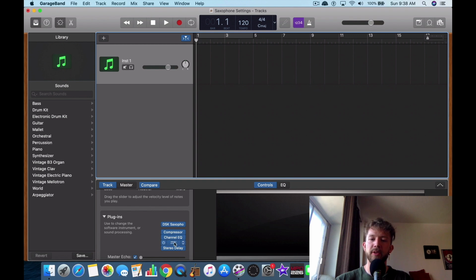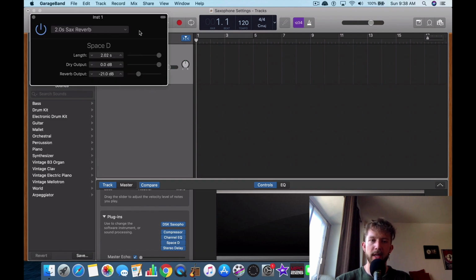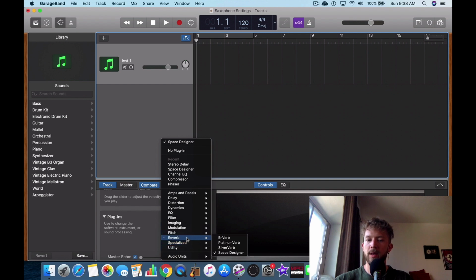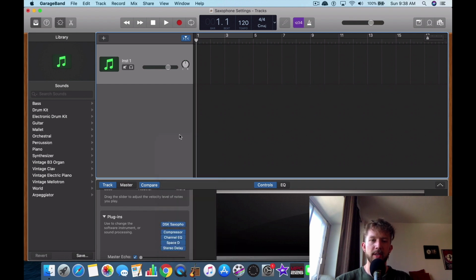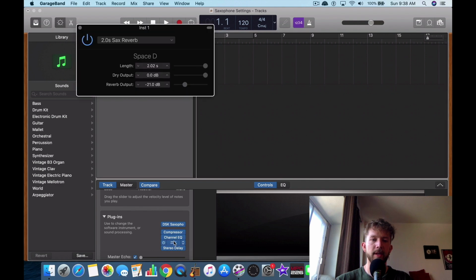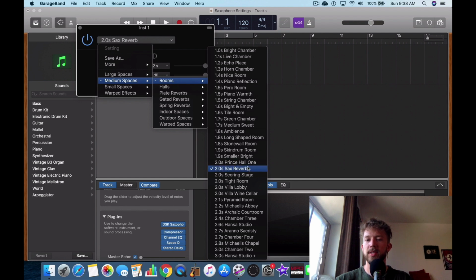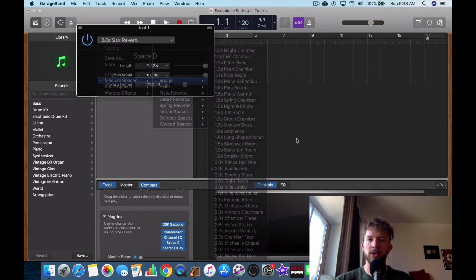And then finally for the reverb, what I do is I go into the Space Designer reverb because I find that sounds pretty cool. The reverb Space Designer, you can see it right here. You click on it, and then you go into your presets, medium spaces, rooms, and there's actually a sax reverb right here, and that's the one I chose.